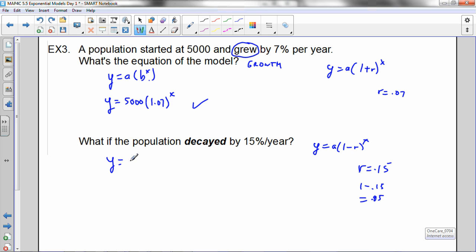And the model would be 5,000 times 0.85 to the exponent x. And then I can see that, the 0.85 represents, even though the population decayed by 15%, 85% of it stayed for the next year. All right? Good. Easy peasy.